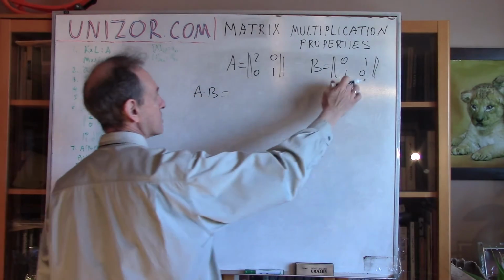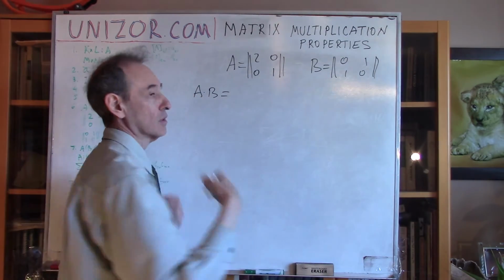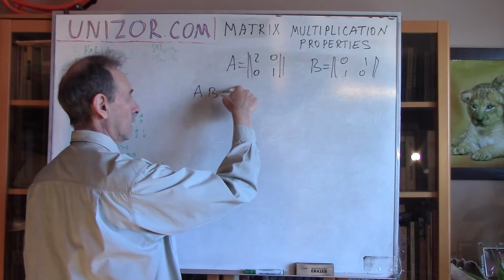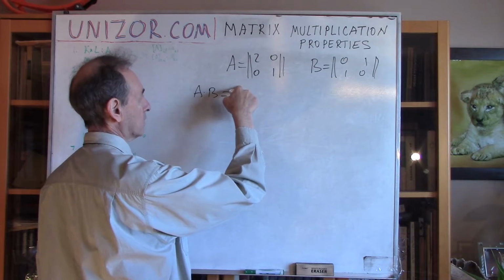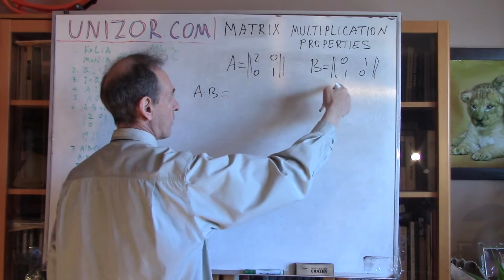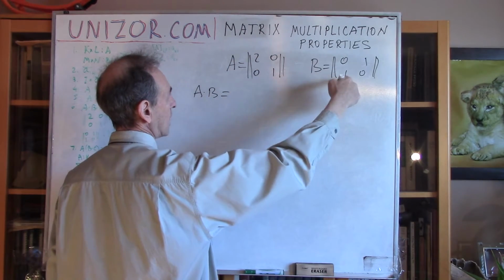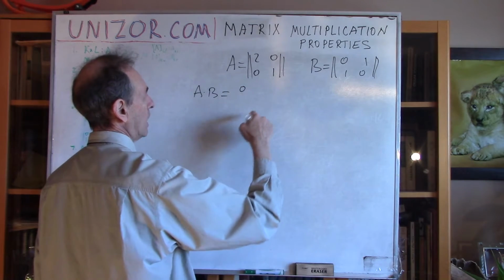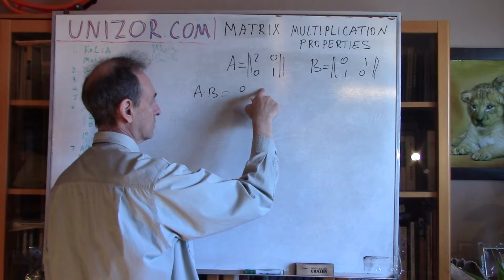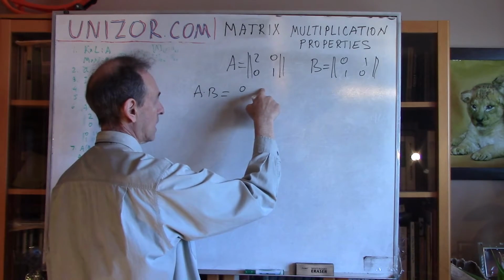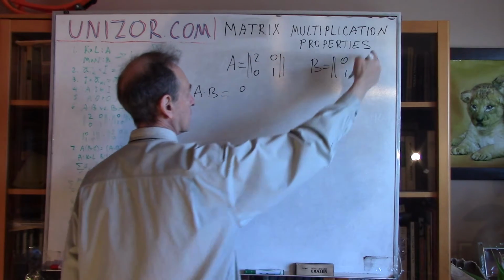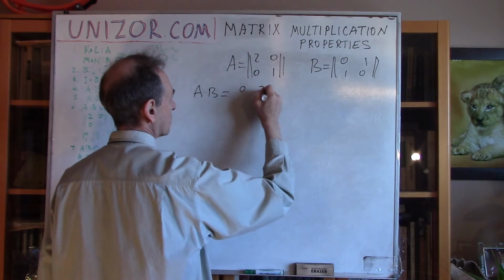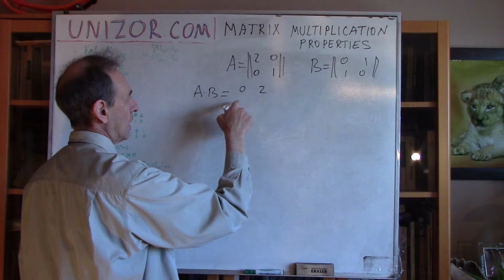All right. A times B equals this matrix times this. This is 2 by 2, this is 2 by 2, the result would be 2 by 2. Element 1, 1 means first row times first column: 2 times 0 plus 0 times 1, it's 0. Now, first row, second column: 2 times 1 plus 0 times 0, it's 2.